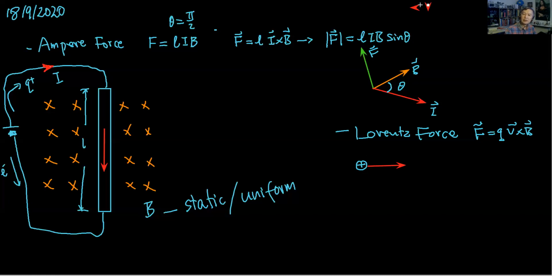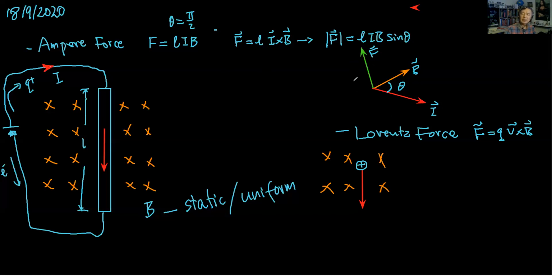I will put the velocity downward because we can compare with our scenario here. So this is a charge moving downward, and in the space there is also a uniform magnetic field into the page.